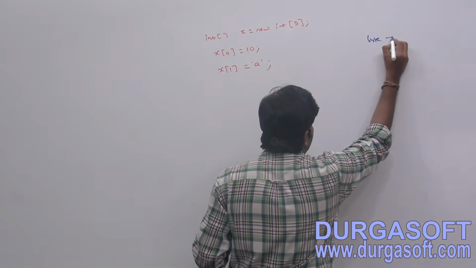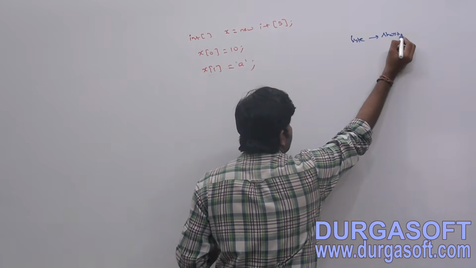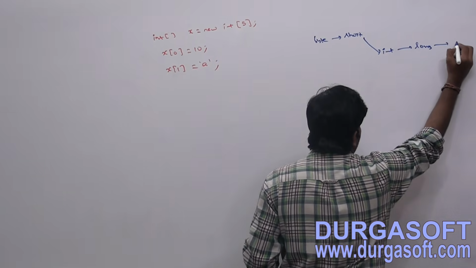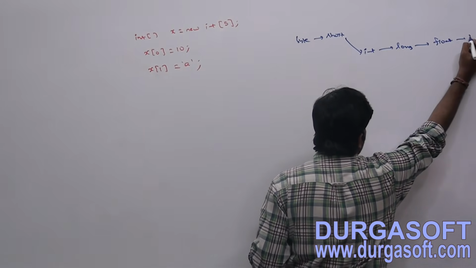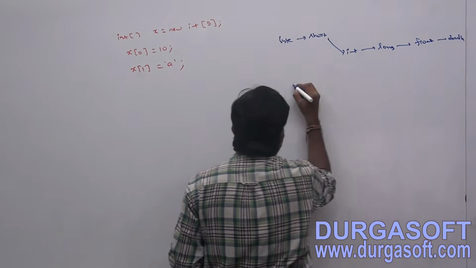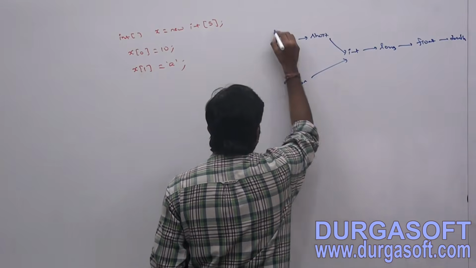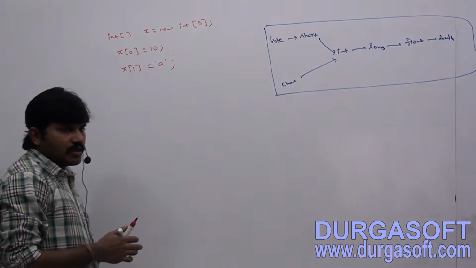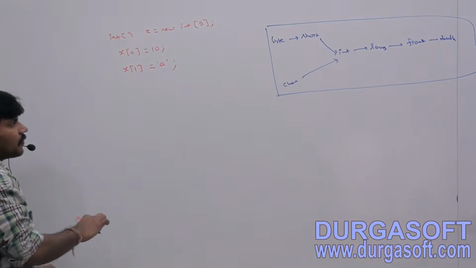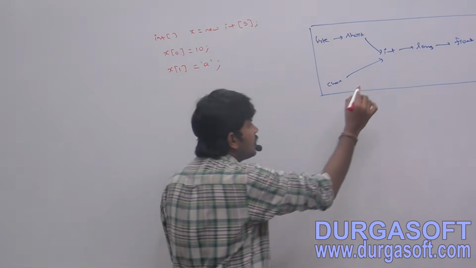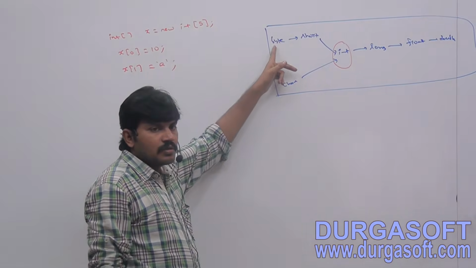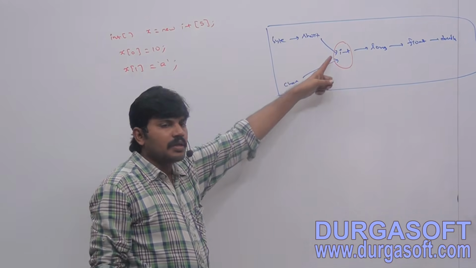Byte to short to int to long to float to double, and then char to int. Are you getting the point, right? Now, sir, wherever int is required, byte is allowed, short is allowed, char is allowed, int is allowed.